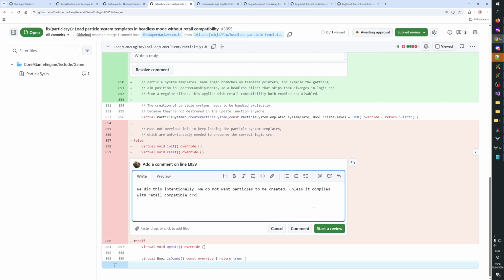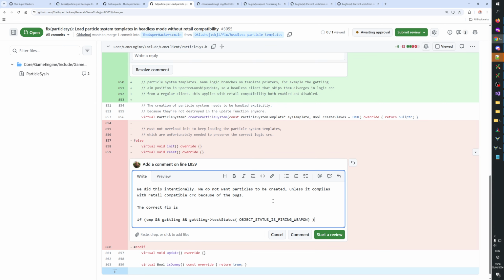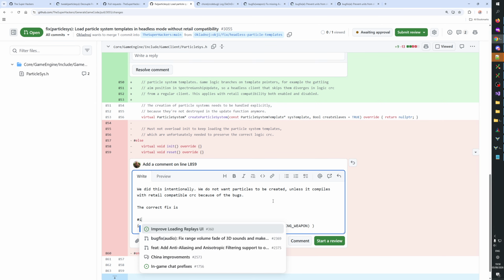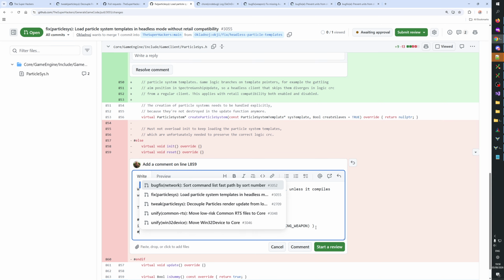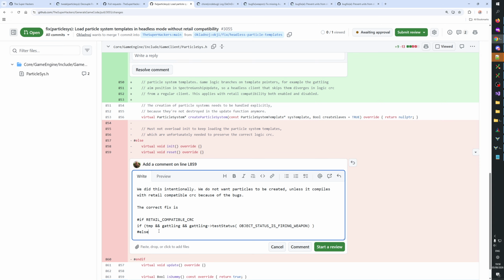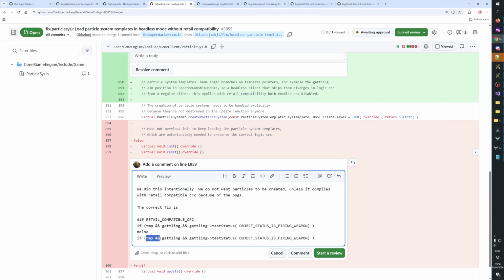Do not want particles to be created because of the bugs. The correct fix is if retail compatible CSC, do this, else do that.